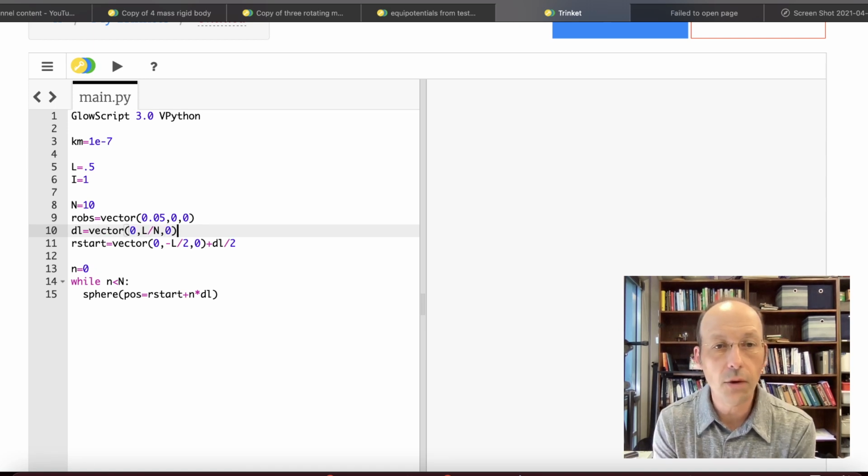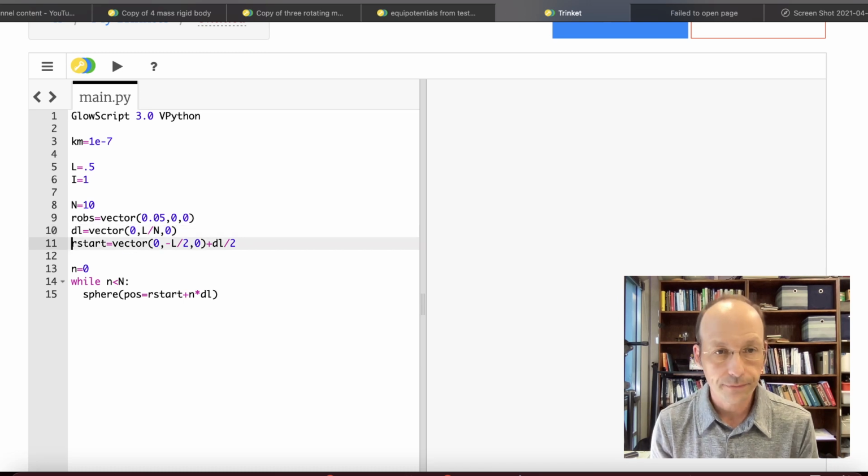So right here what I did was I turned dl into a vector. And then that way, when I add dl over 2 in there, it gives me the same thing. But now down here, I can take that starting location and add a scalar value times dl. So when n is equal to 0, it's going to be at R start. And the next one, n is equal to 1, it's going to be dl up.